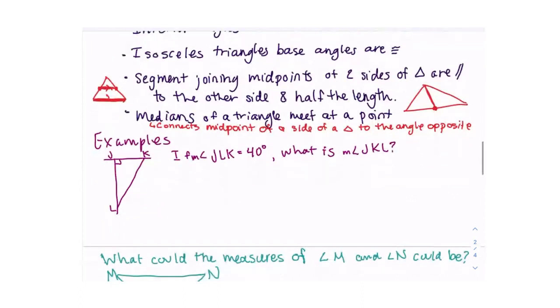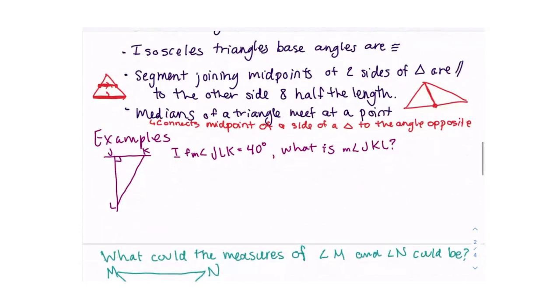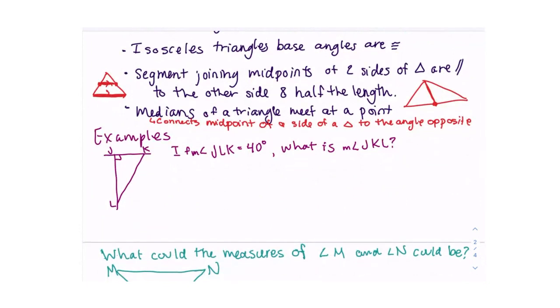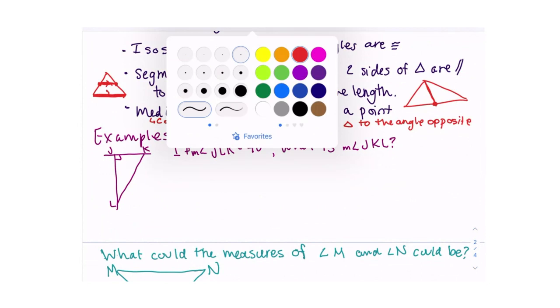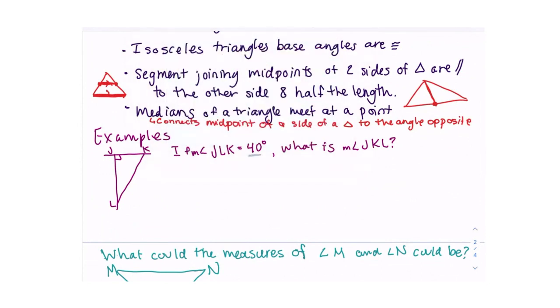So first example, did you guys read this example yet? So if we had this triangle, JKL, and we knew that the angle JLK, which means this one, let me change to this color. So if this was 40, that means that this part right here is 40 degrees. What is the measure of angle JKL? So we want to know what is the measure right here.